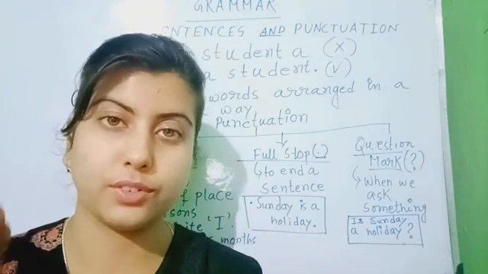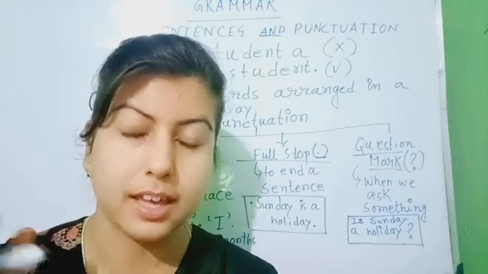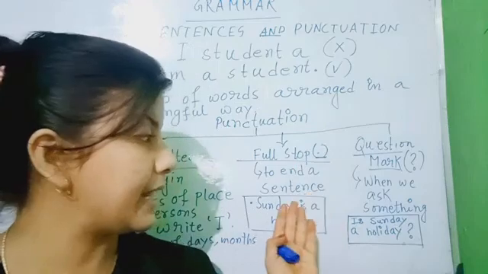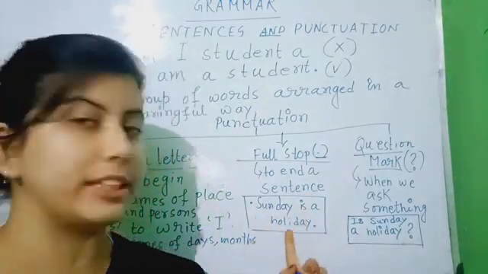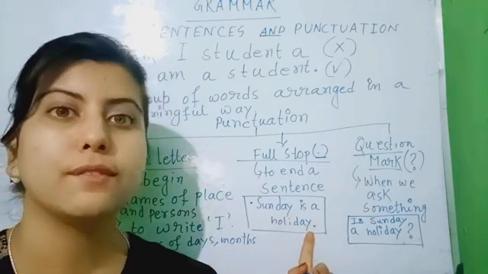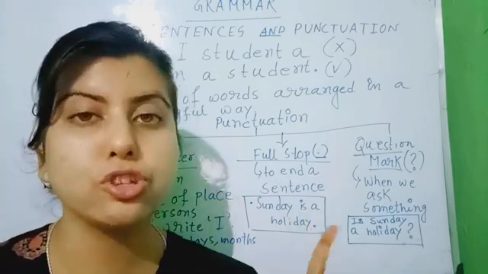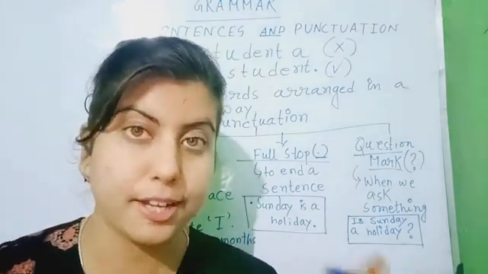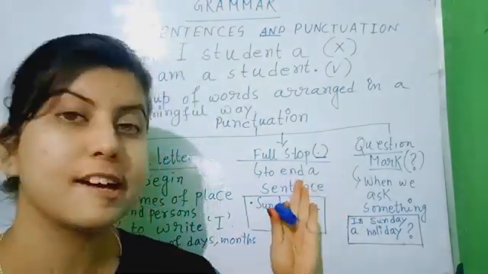Now, here with the word city, I am ending the sentence and there I will put the full stop. Here I have written a small sentence. Sunday is a holiday. I have put full stop at the end of this sentence. So full stop will be used to end a sentence when you have done with the sentence. So this was full stop.